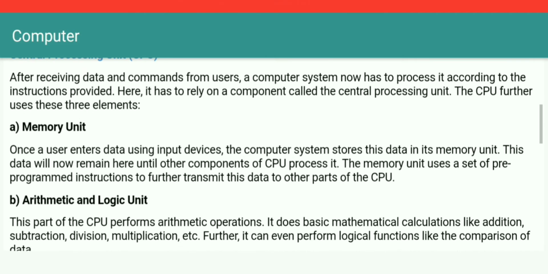Una, memory unit. Once ang user enters data using input devices, the computer system stores this data in its memory unit. This data will now remain here until other components of CPU processes it. The memory unit uses a set of program instructions to further transmit this data to other parts of the CPU.